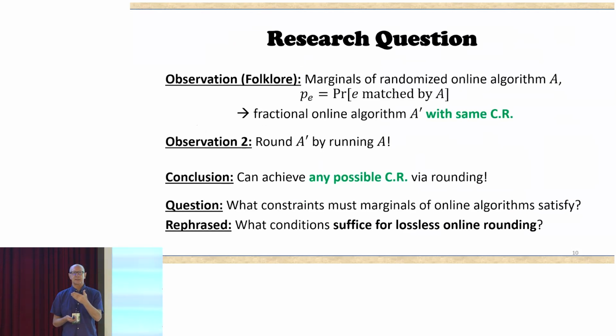We know that in the worst case, the competitive ratio of the fractional algorithm is 1 minus 1 over E. But in certain instances, the fractional algorithm achieves a much better bound than 1 minus 1 over E, and for these instances, a randomized integral algorithm just cannot achieve that competitive factor. This is the source of trouble, why we cannot, in general, do lossless rounding.